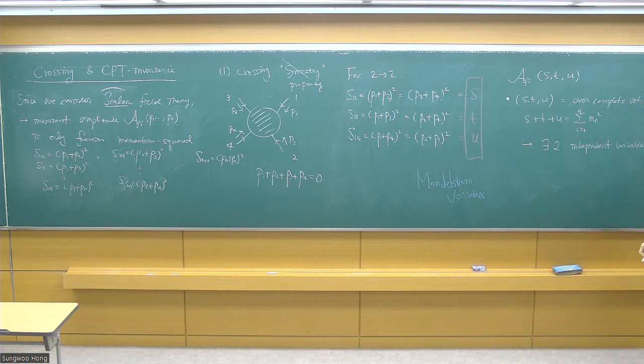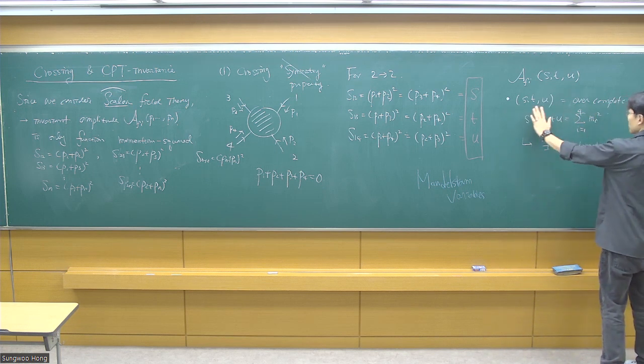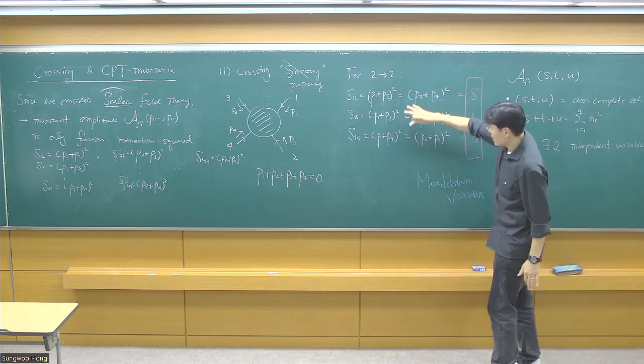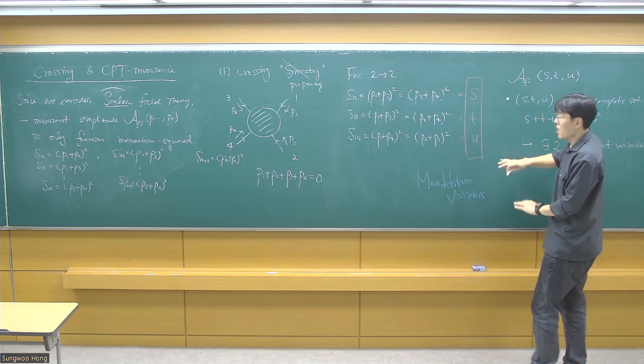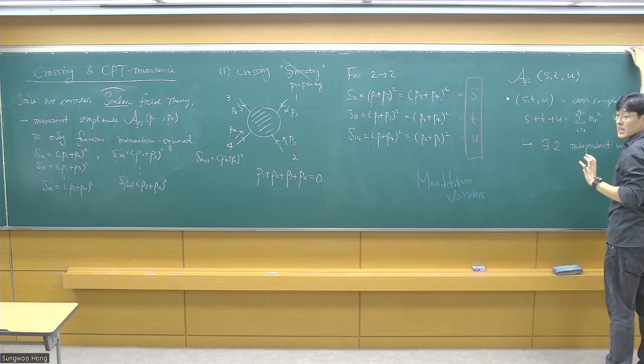Yes. What's the meaning of this S plus T plus U equal to the sum of M? The meaning of this equation is that even though they look like nice combinations of these momenta, these 3 variables S, T, U are not all independent.